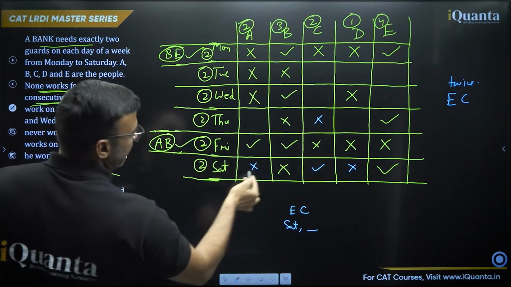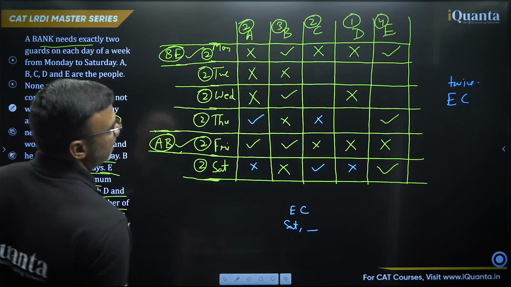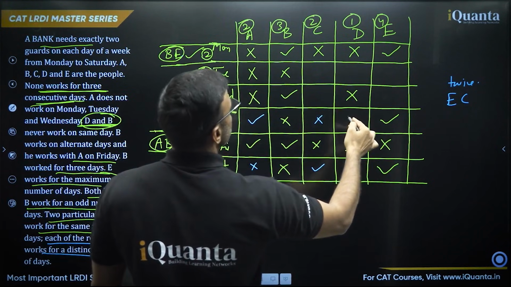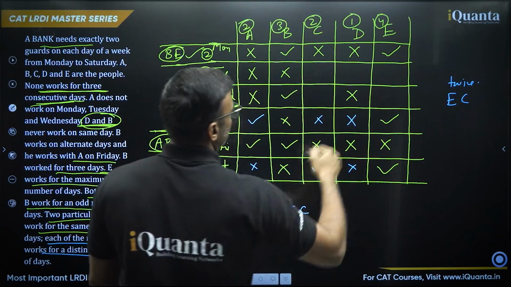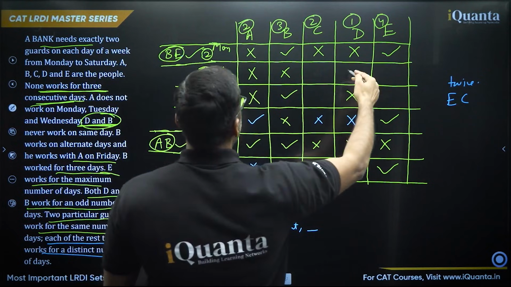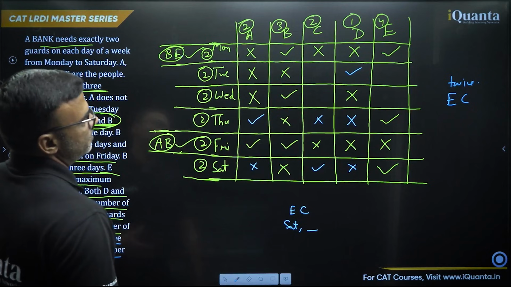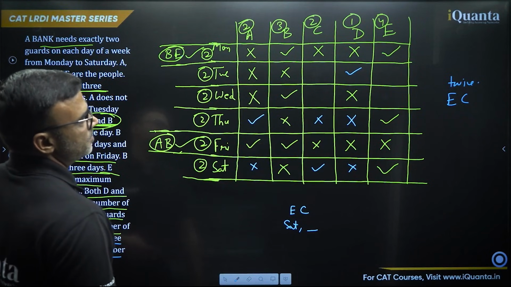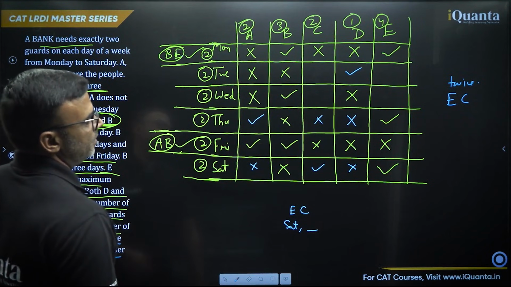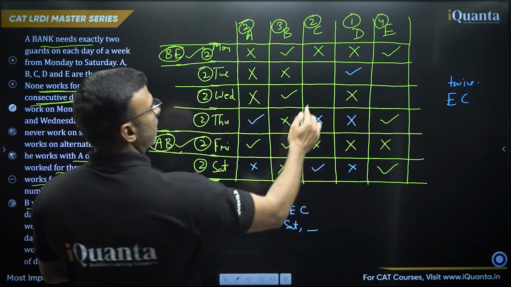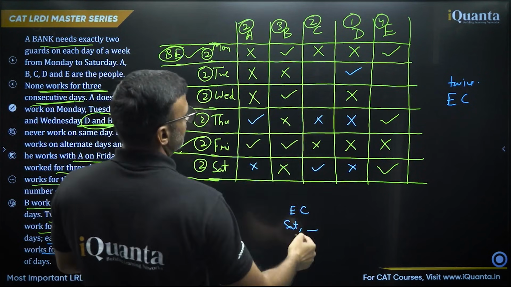Also, if you have taken Saturday here, then A has to work on Thursday. That means E and A are working together on Thursday. So D cannot work on Thursday, so D has to work on Tuesday. Right? So is this feasible? So with Saturday here, Thursday is not possible. What about Wednesday or Tuesday? Let's take one by one.